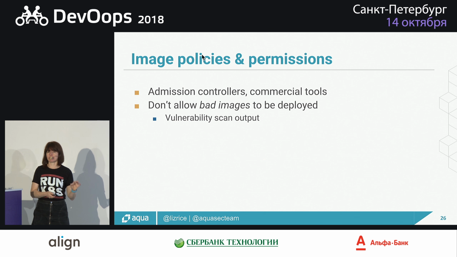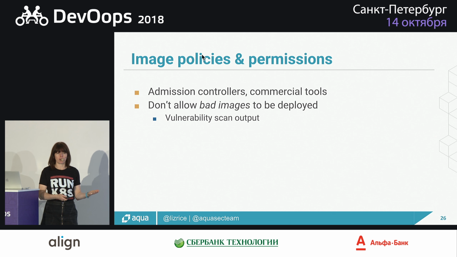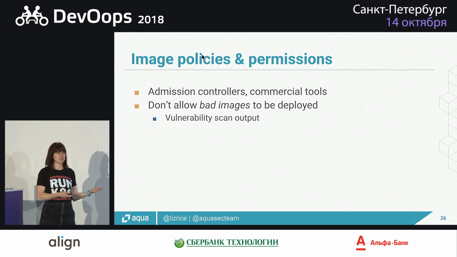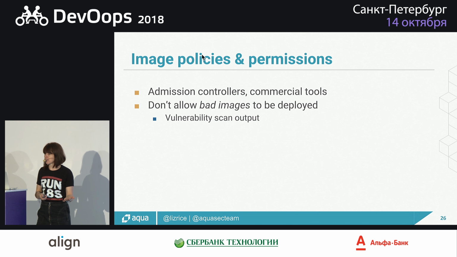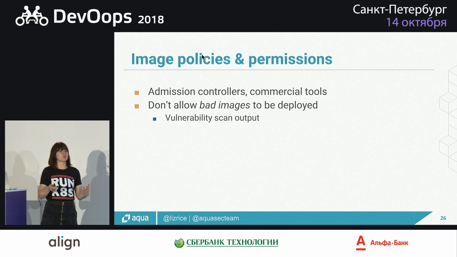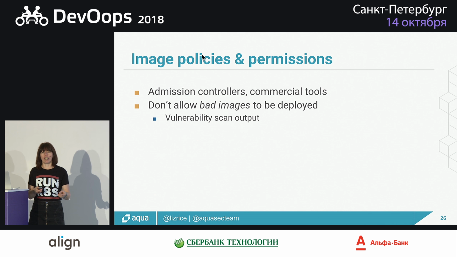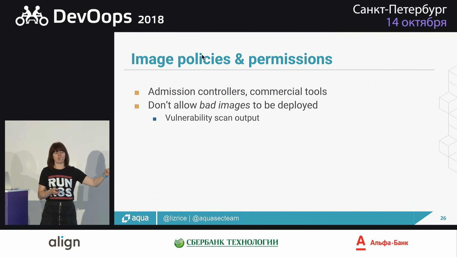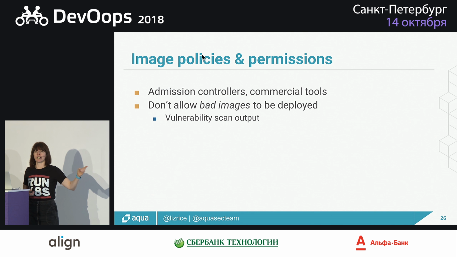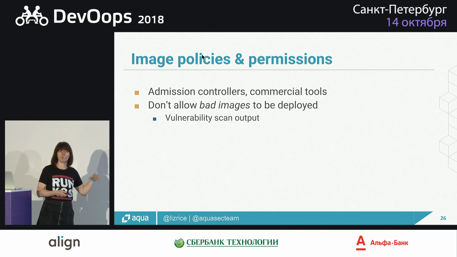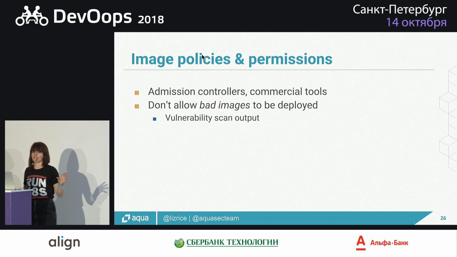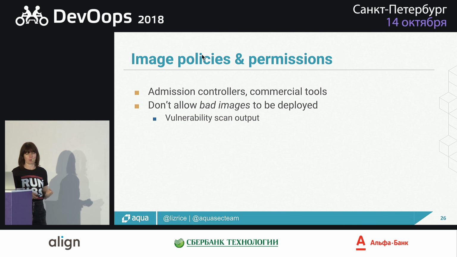It could be as straightforward as, I'm not going to deploy any images with high severity vulnerabilities. Or it could be much more complex and say, well, if it's this particular CVE in this image, then I'm going to whitelist it because I know that in my particular environment it's not a problem, or it's a risk I'm prepared to take.